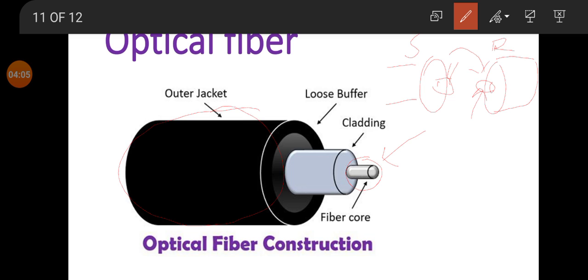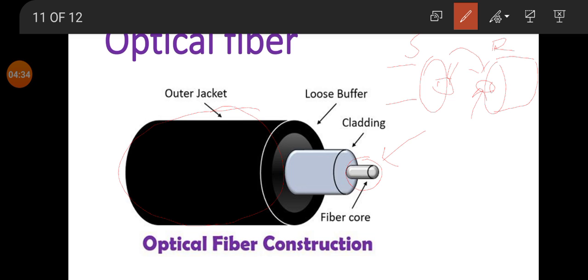So if light is detected, means light is present, then data may be 1, and if light signal is not present, means light is absent, then data may be 0. Clear? So the data sent from the source can be detected at the receiver using the light sensitive transmitter.